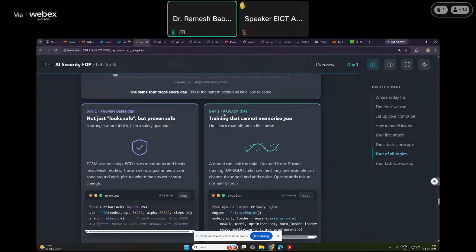Next, on day 3, we will have mainly DP class. So for context, what is DP? DP is differential privacy. When you are training a model, basically a deep learning model, you are going to give a dataset to the model. But there can be some scenarios where you don't want your training data to be reconstructed again by the model.